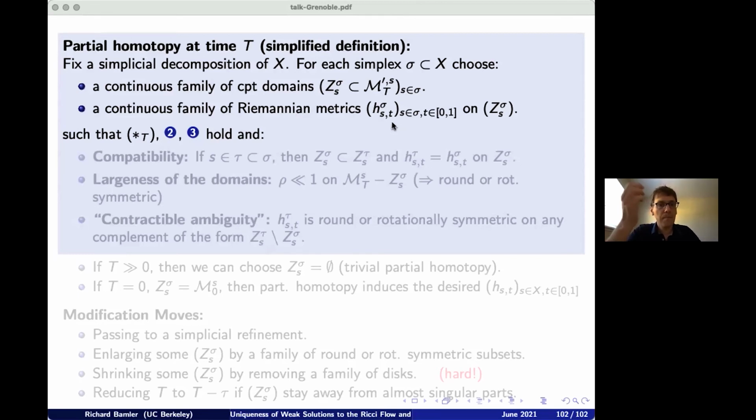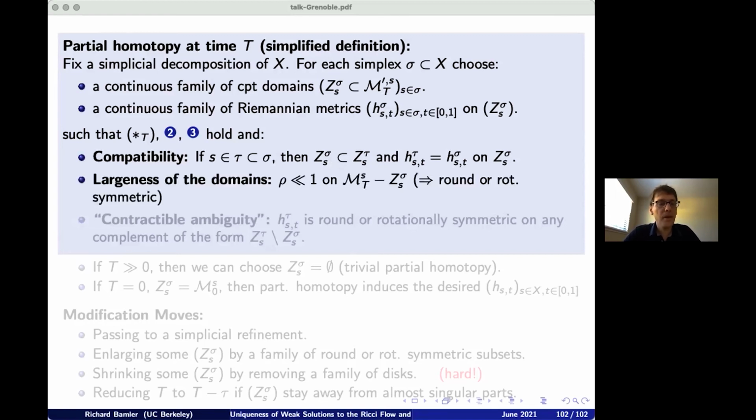By restricting to small simplices, and restricting to domains, we made sure that there's no topological change anymore, and so we could define these. But now we have different pictures over different simplices, so we need certain compatibility conditions. Again, if we take a smaller simplex which is contained in a larger simplex, we want the corresponding C sigma to be contained in the C tau, just as we've done in the simplified proof. We also need some kind of largeness condition on these domains.